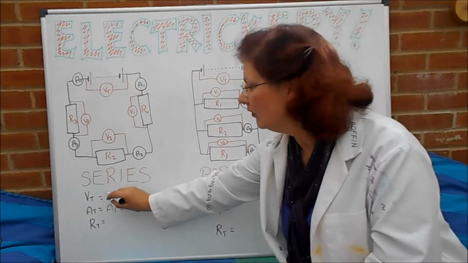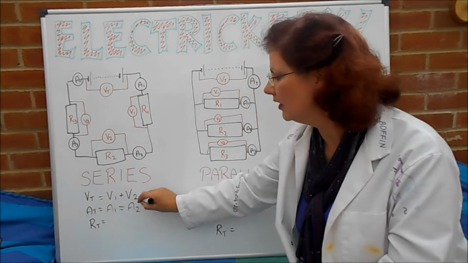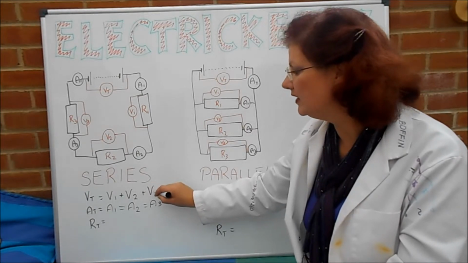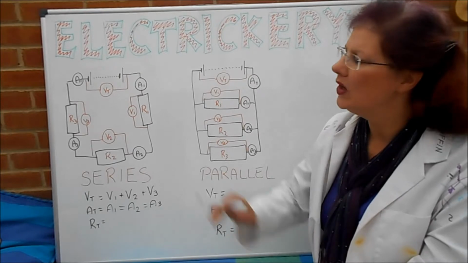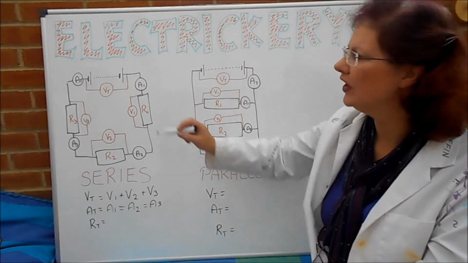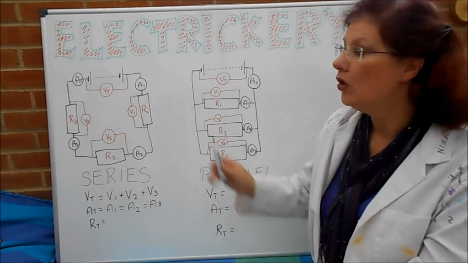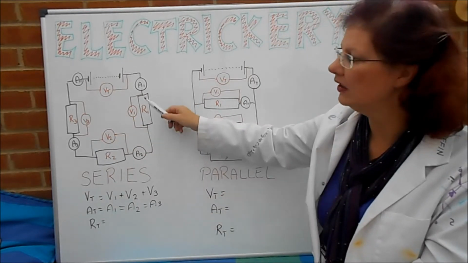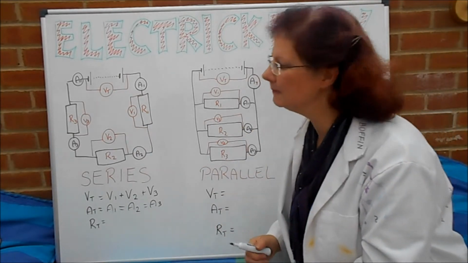So voltmeter 1 plus voltmeter 2 plus the reading on voltmeter 3, when you add them up, make the total volts. We did one where we had some resistances that were all the same, and we found with a 6-volt battery we got 2 volts, 2 volts and 2 volts. Or if the resistances are different, you might get 3 volts, 2 volts and 1 volt, but they always have to add up to 6.